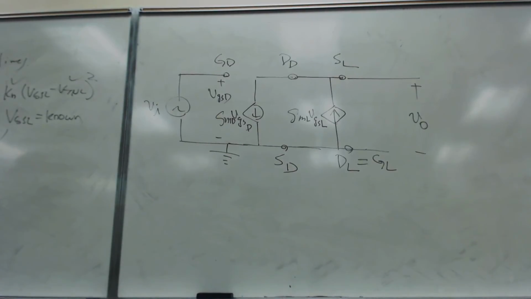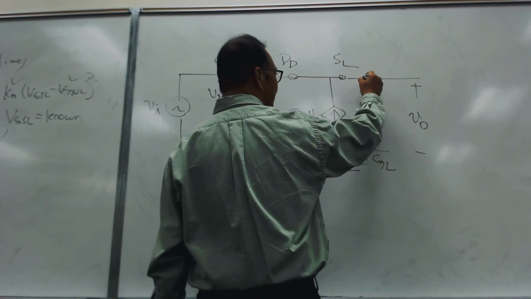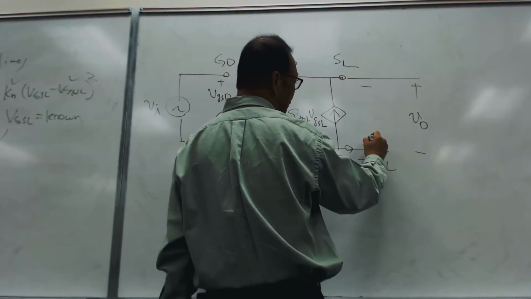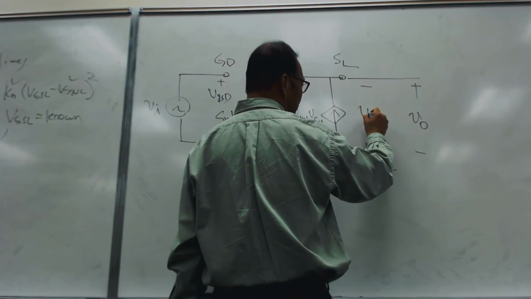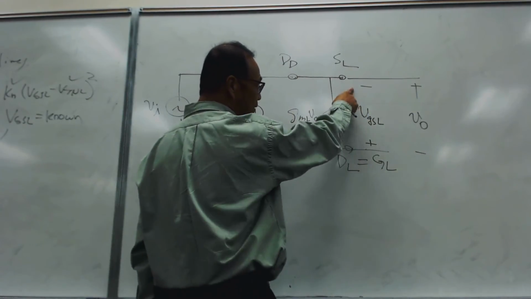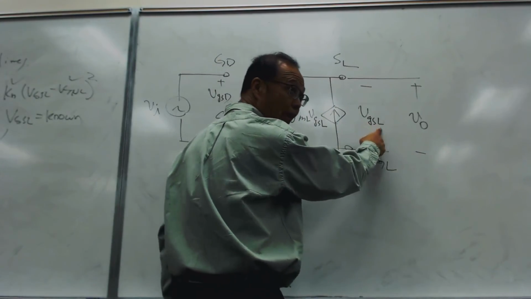Now, where is VGS load? Well, it's here, right? VG load, S load. So VGS load. Why am I putting plus here, minus here? Because VGS, right?